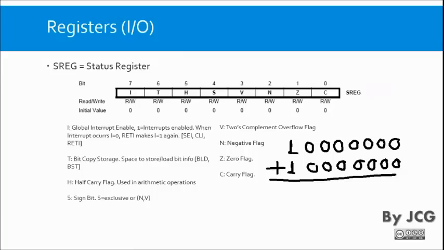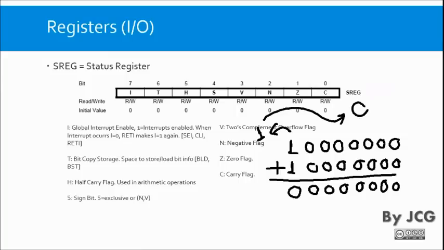Of course, we start with the first column, it is 0, and again 0, and we can see that all the results are going to be 0. And when we reach the last column, we see that we have a 1 plus 1. Again, we saw that 1 plus 1 is 0, but we have to carry a 1 to the next column. This 1 over here is the carry flag.